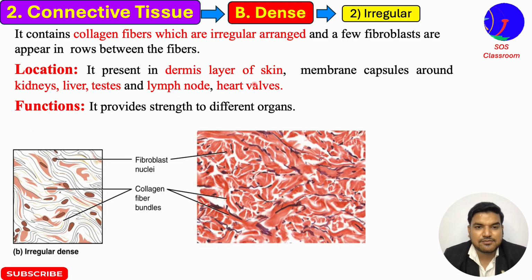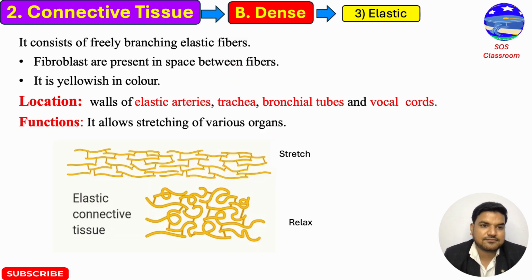It is present in the dermis layer of the skin, and the membrane capsule around the kidney, liver, testes, lymph node and heart valves. The function is to provide strength to the different organs. So dense connective tissue mainly provides strength to different types of organs.